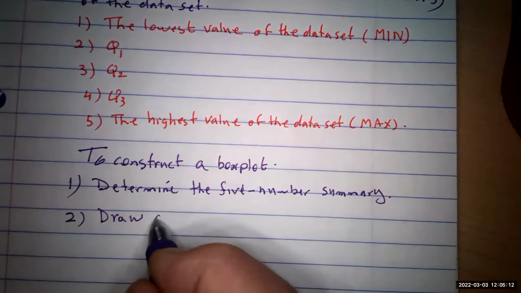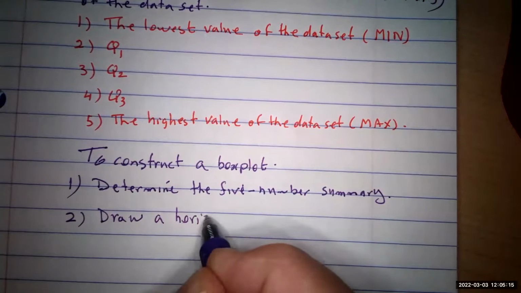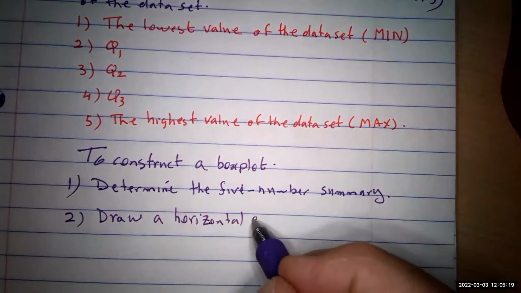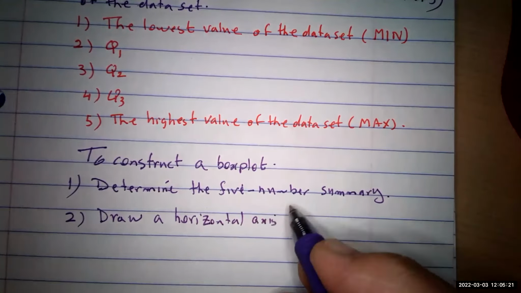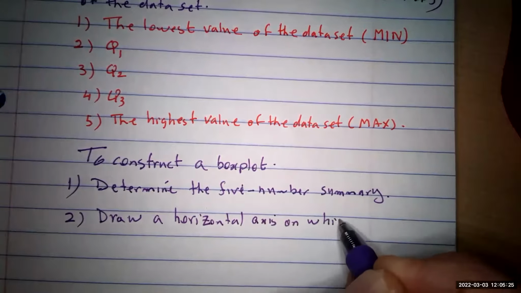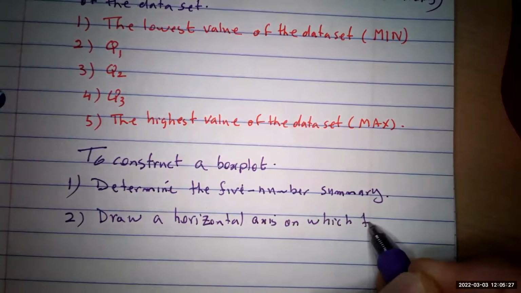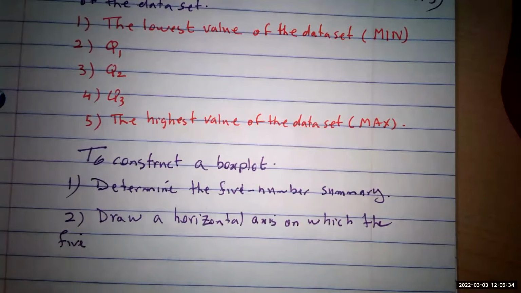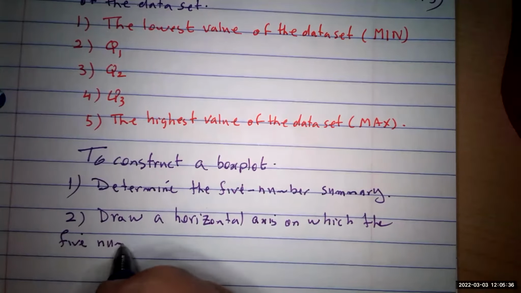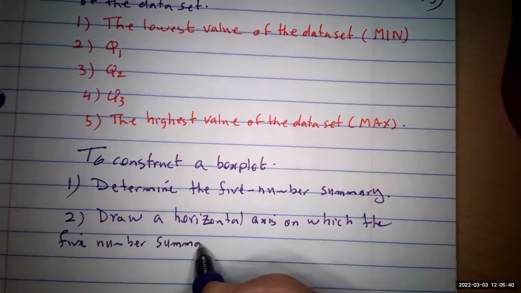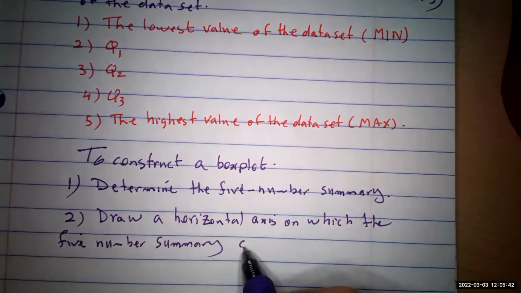That's why I say draw a horizontal axis, like the x-axis, on which the five-number summary can be located.